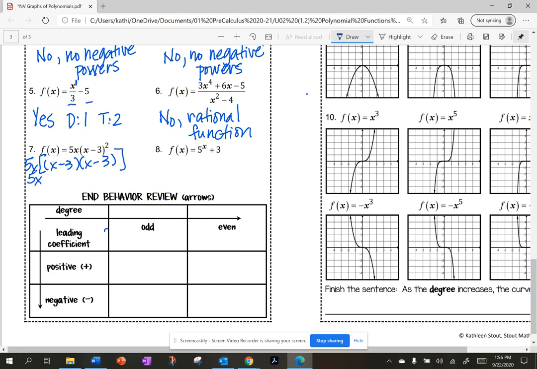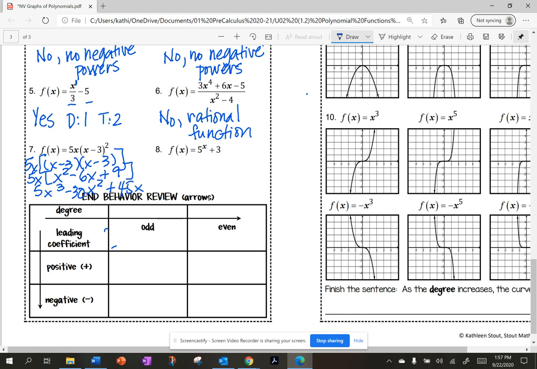I'm doing my distribution here. I have x squared minus 6x because I have minus 3x and a minus 3x. Combining like terms, I have minus 6x plus 9. Distributing across all my terms, I now have 5x cubed minus 30x squared plus 45x.